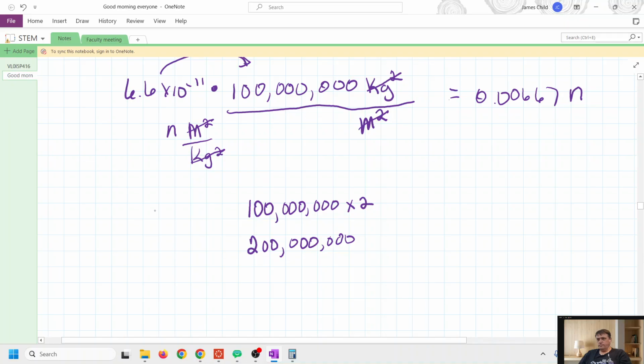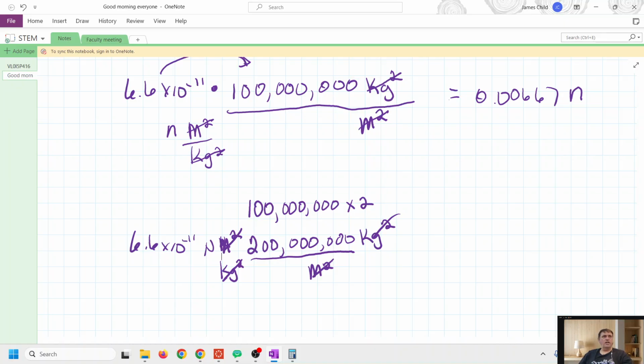And the 6.67 times 10 to the negative 11 newtons meters squared per kilograms squared, and this is meters squared, kilograms squared. So again, our kilograms squared and our meters squared cancel.